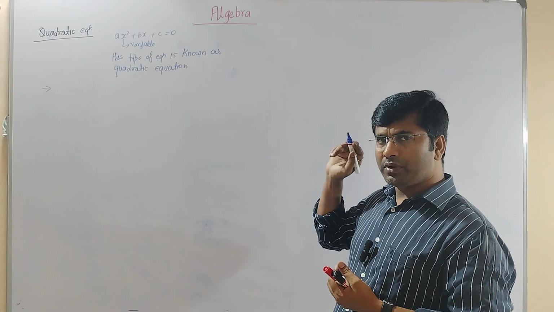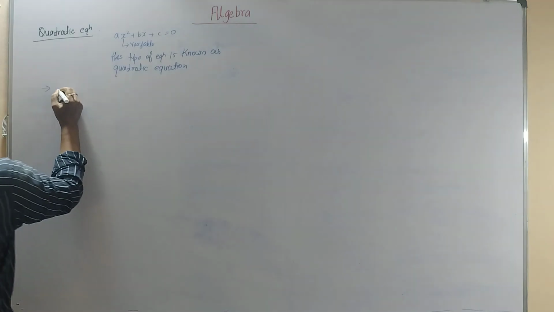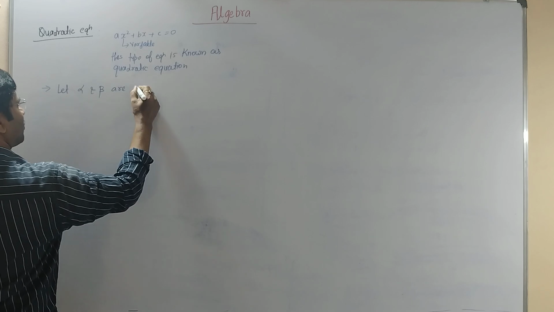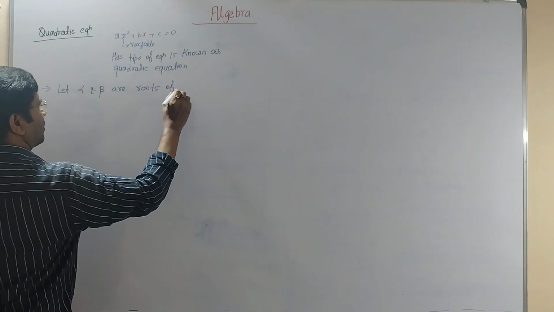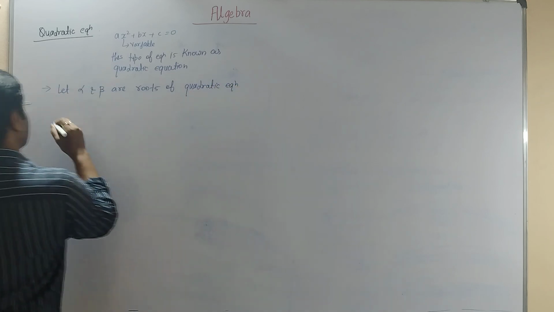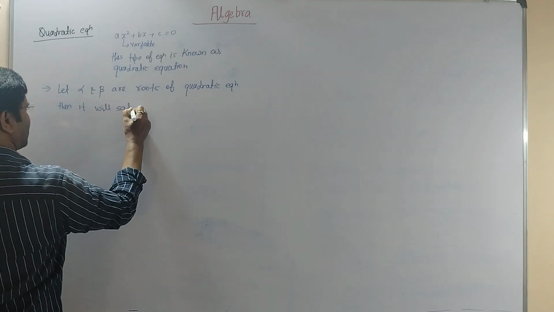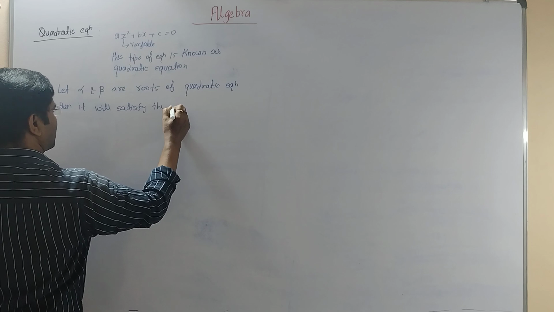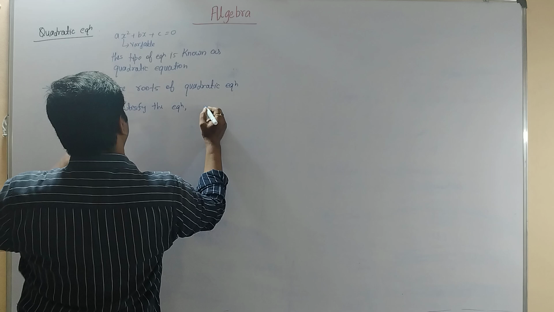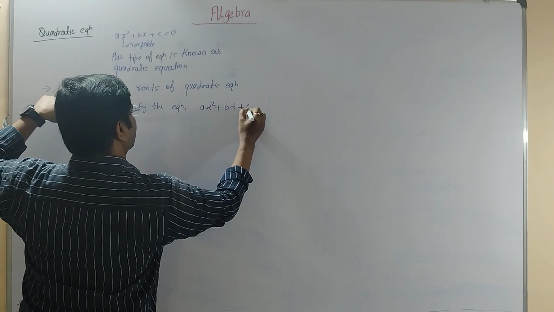Satisfy means that if we put x equal to alpha, the expression will be 0. So if you put alpha in place of x, it will be a alpha square plus b alpha plus c equal to 0.